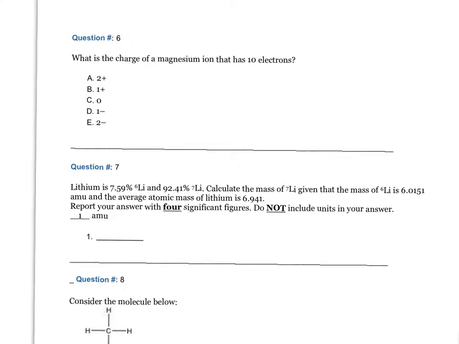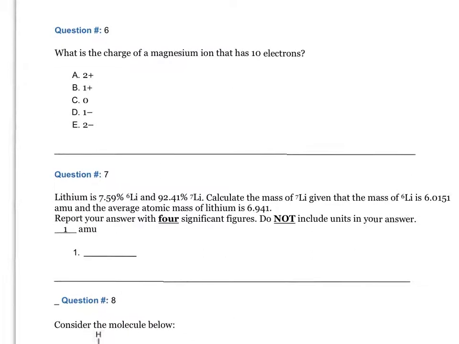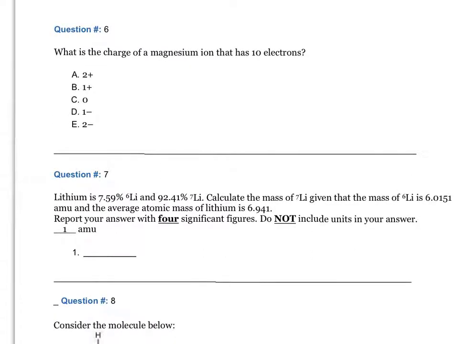Question number 6. What is the charge of a magnesium ion that has 10 electrons? The answer is A, 2+. Magnesium normally has 12 protons.